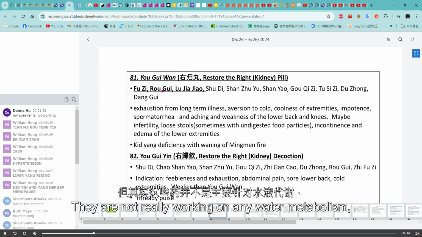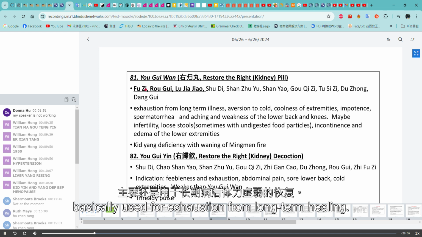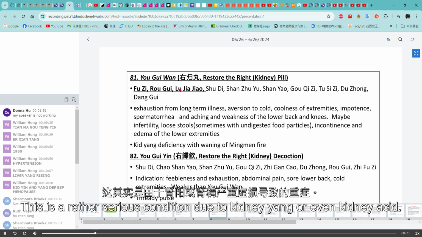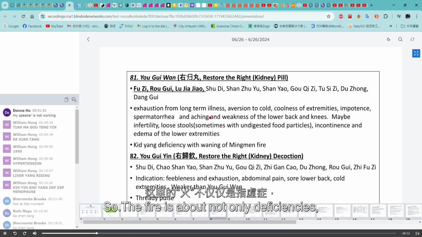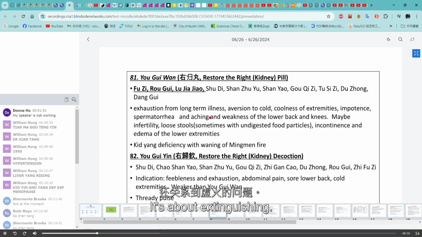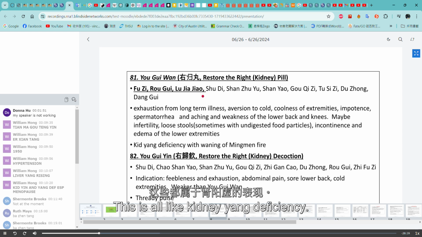They're not working on water metabolism; this is basically used for exhaustion from long-term illness. So this is a rather serious condition due to kidney yang or even kidney essence deficiency with the waning of Mingmen fire. The fire is not only deficient, it is about extinguishing. So aversion to cold, cold extremities, impotence, spermatorrhea, aching and weakness of the low back and knees, all kidney yang deficiency.